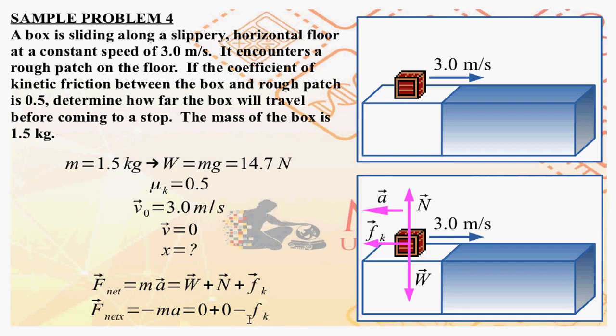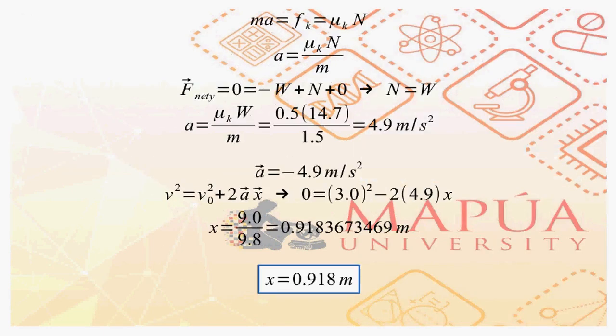Ma is just equal to Fk, and we know the magnitude of kinetic friction is constant at mu k n. Isolating, a is equal to mu k n over m.